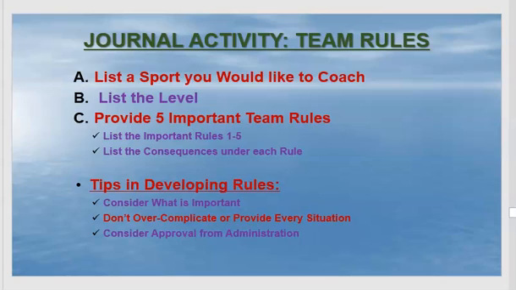All right, so I will provide a portal to turn this in for extra credit, and I'm really just going to put extra credit assignment, and you'll have to watch this video to understand what the assignment is. All right, so if you need to come back and look at this video, you can do it, but type up 5 team rules, follow the ABC format, and then under each rule 1 through 5 on C, give me a list of consequences.